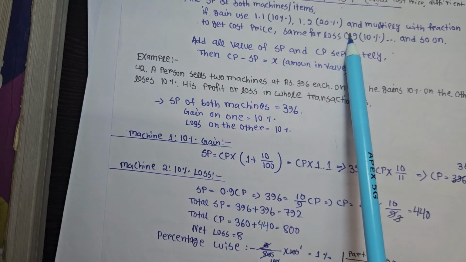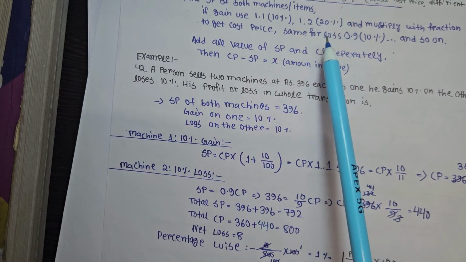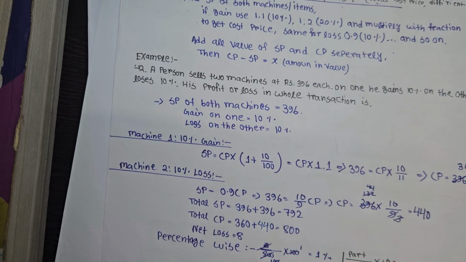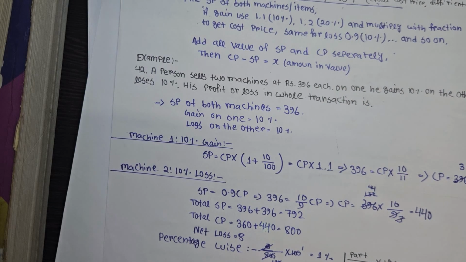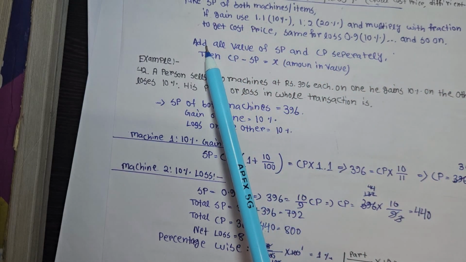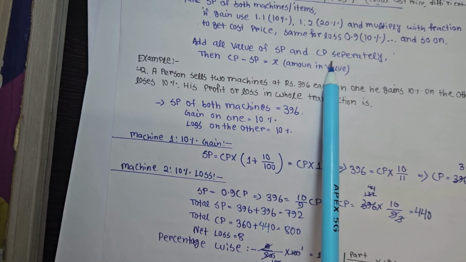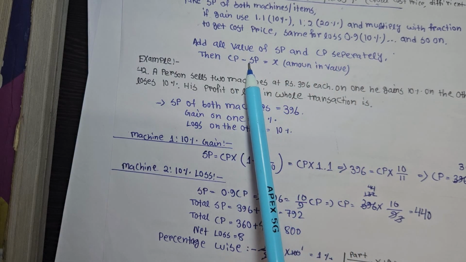Same for loss: if there is a 10% loss, we will take 0.9, and if there is a 50% loss, we'll take 0.5 and so on, right? And we will add all the values of the selling price and all the values of the cost price separately, and we'll just do CP minus SP.